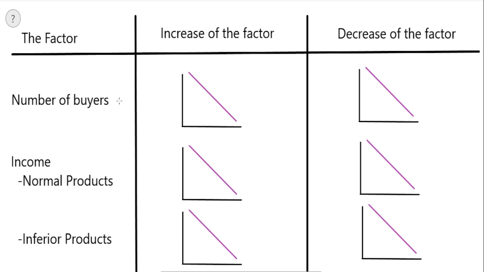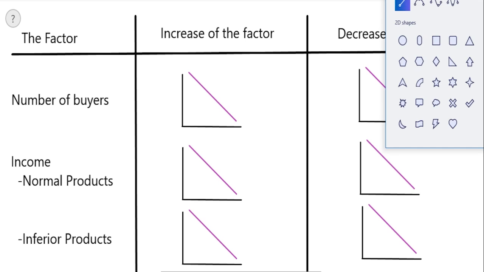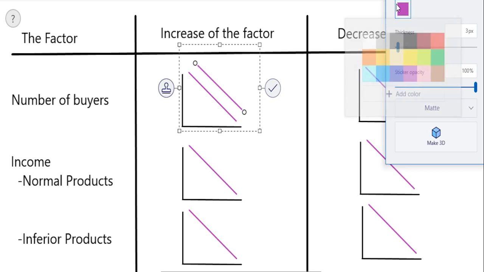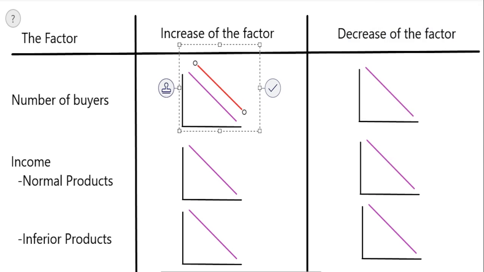Let's say we're looking at cars, and there's a lot of immigration to Canada. So the number of buyers is now increasing. Take a moment to think about what would happen in that scenario. Well, we would have an increase in demand because there are now more people that can demand this product.